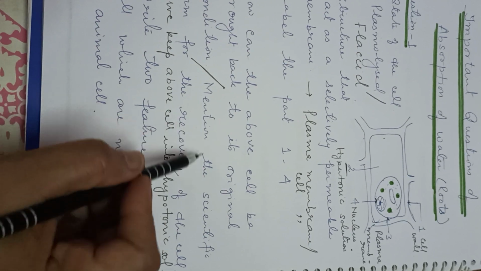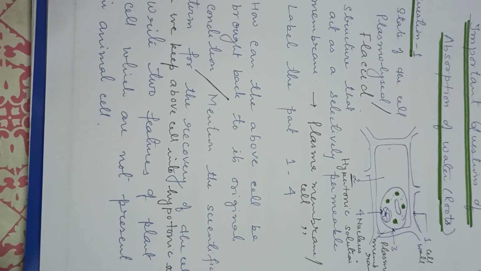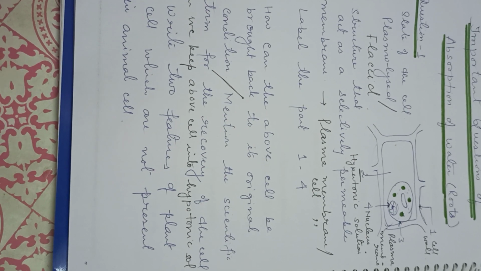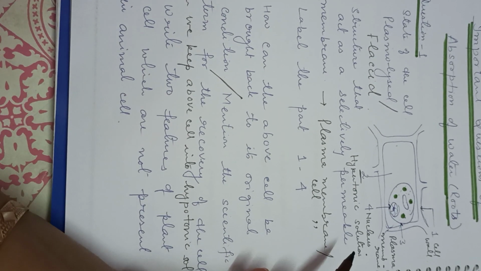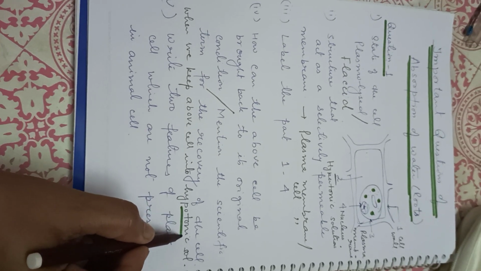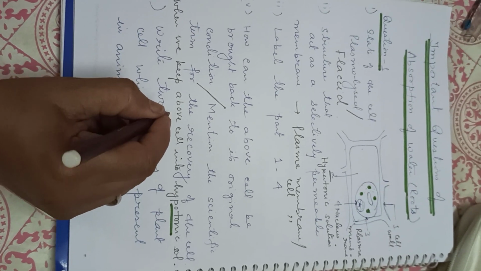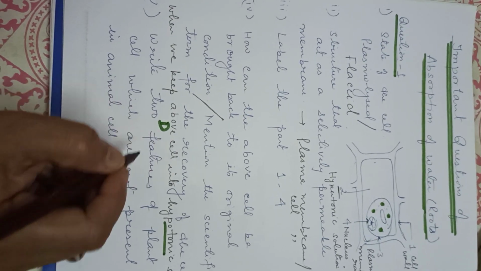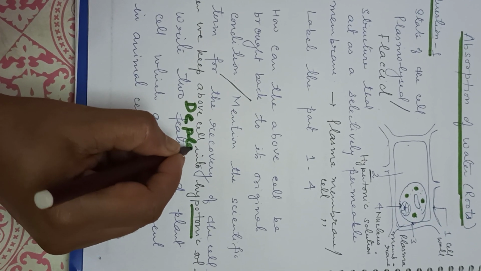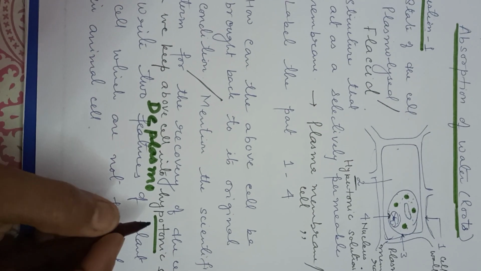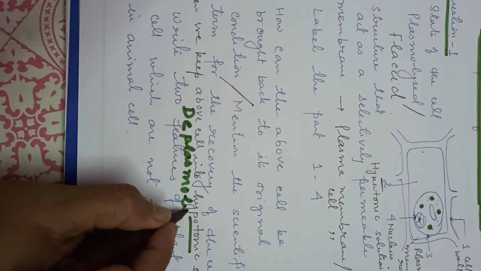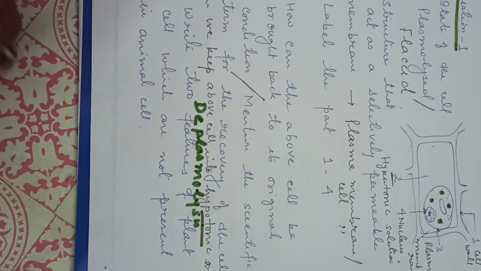Next, mention the scientific term for the recovery of the cell. The cell was plasmolysed, and when it turns into the turgid condition by placing it into the hypotonic solution, the scientific term is deplasmolysis. Deplasmolysis.